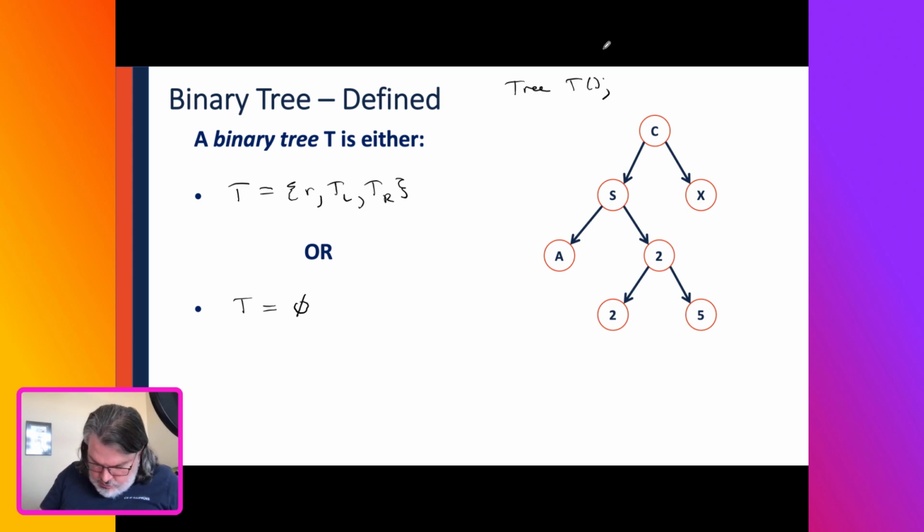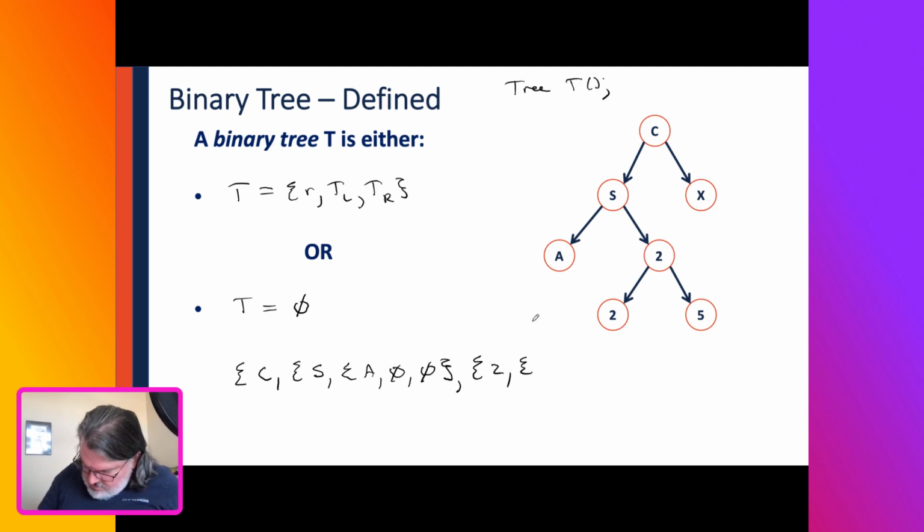We'd start out with something like this, and we would have C, comma, S, comma, A, comma, empty, empty, comma, 2, comma, empty, empty, 5, comma, empty, empty.